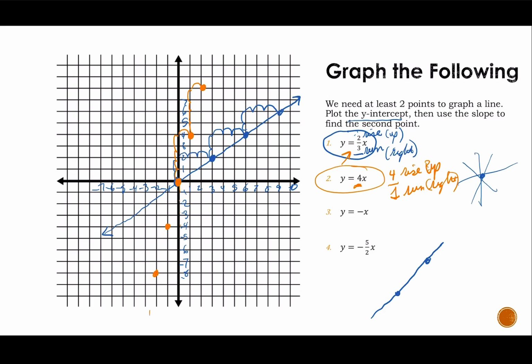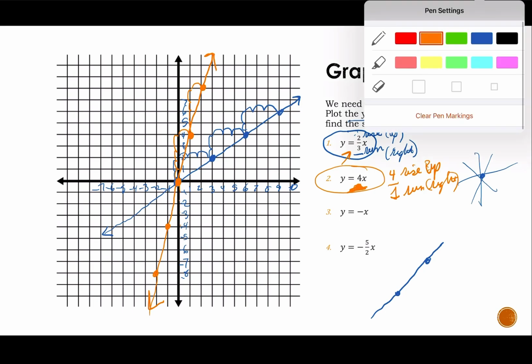So let's go ahead and graph it. So see how this line is steeper because it has a greater slope. Our next two examples have negative slope. I am going to go ahead and clear all the markings so we can start over from scratch in order to see everything more clearly.